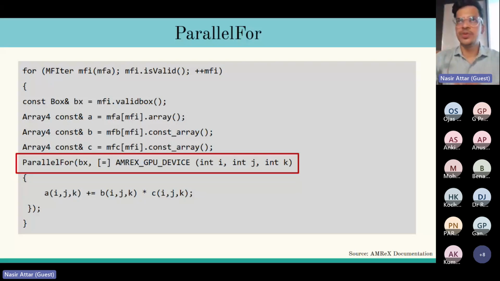But if I build it with GPU support, then this will act as a kernel and launch GPU threads. So the user is again at ease here. You don't have to change your code again and again for running it on CPU or GPU. You can have one single code, directly change the environment variables, and then run it easily.